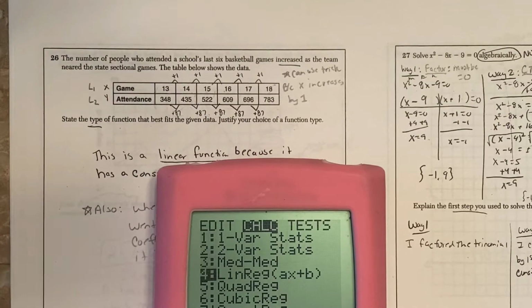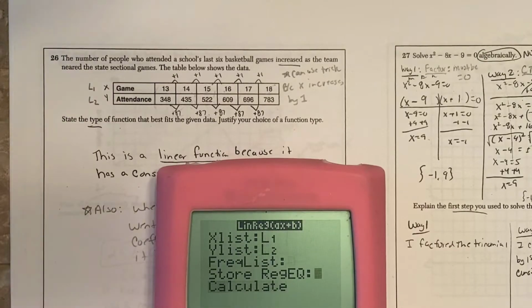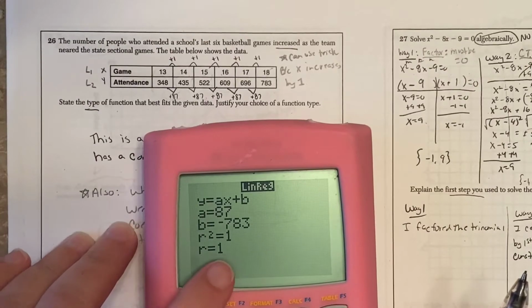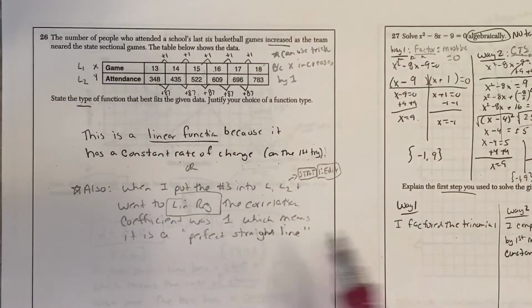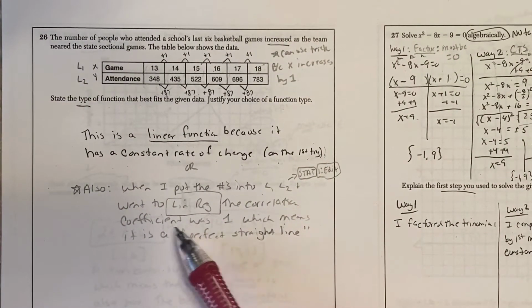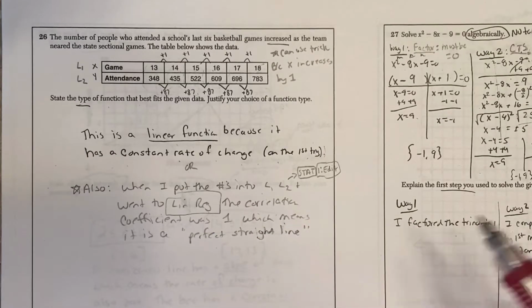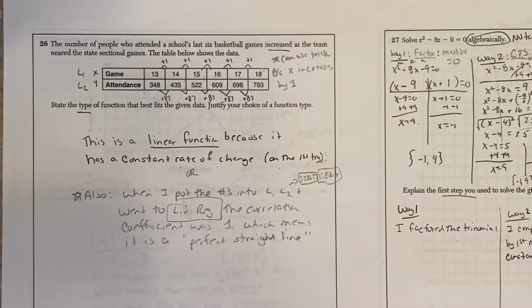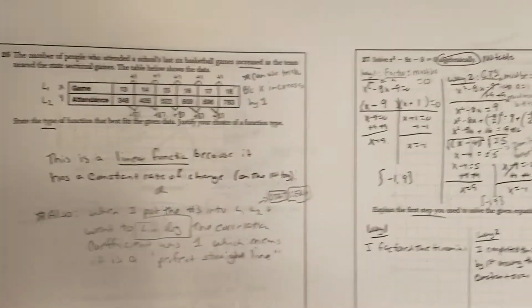Then you would go to a linear regression, and you would see that that correlation coefficient is a perfect 1, okay? So it's a perfect fit, so you had to say that. You had to say that you went to the correlation coefficient, it was 1, and it was a perfect straight line, perfect fit. Okay. All right. Yeah, so 26. That is it.